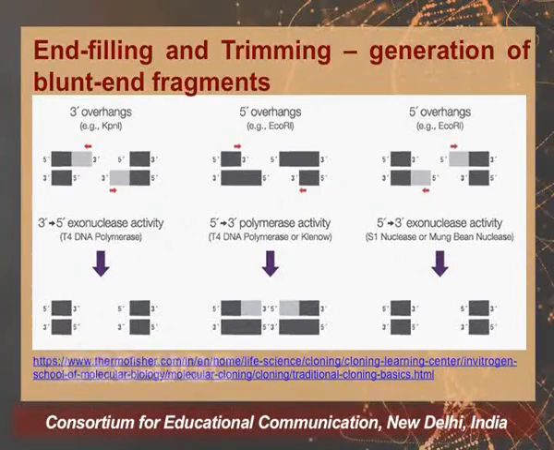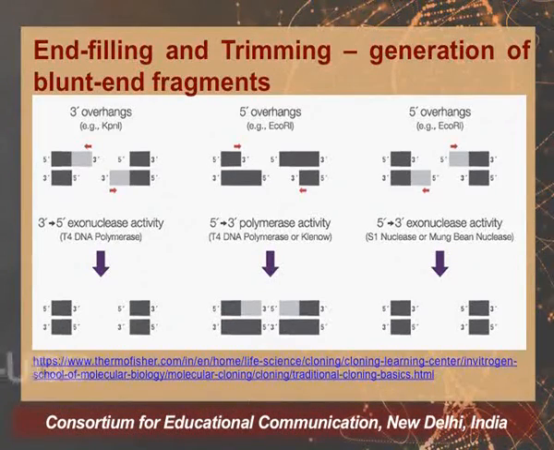In the second case, for example, if you have 3' overhangs, then for the 3' overhangs, the Klenow fragment can synthesize, the end filling can be done, and then generate the two blunt end fragments that can then be ligated. In the third case, the degradation can also occur. For example, the S1 nuclease can degrade the 5' overhangs also, which can then generate the blunt end fragments, which can then be ligated.